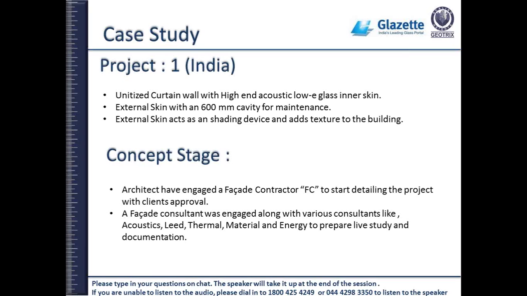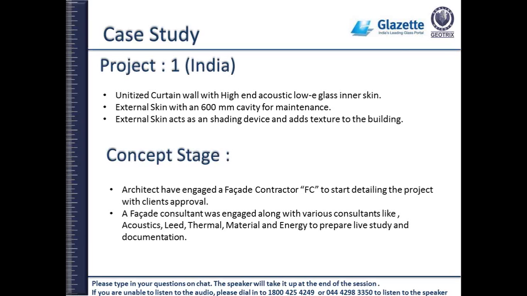So the project brief came to us. If you look at the first paragraph, it is a simple unitized wall with a high-end acoustic low-E glass, which is the inner skin. This is a curtain wall, 100% floor-to-floor curtain wall. And there is a cavity behind the wall, which is in front of the wall for maintenance purpose.